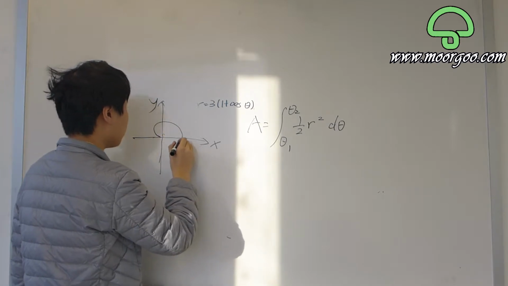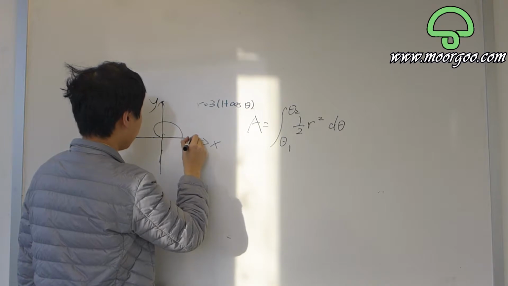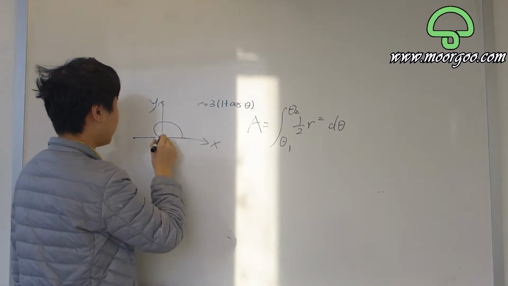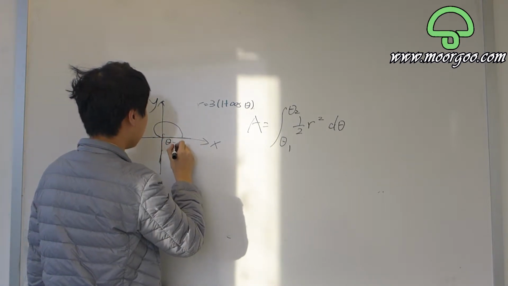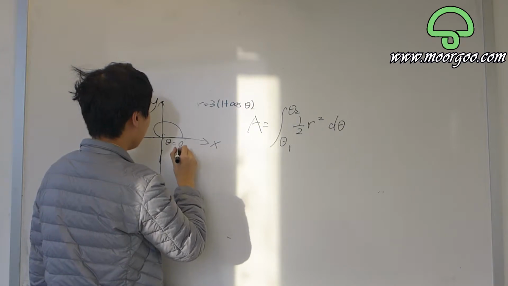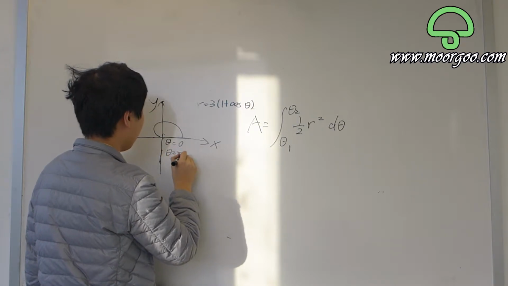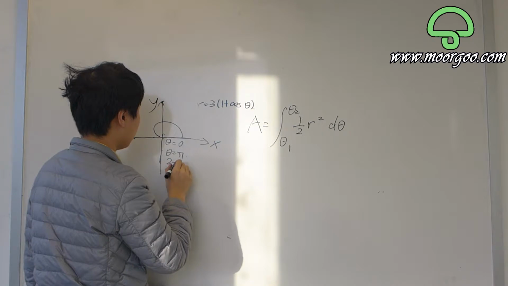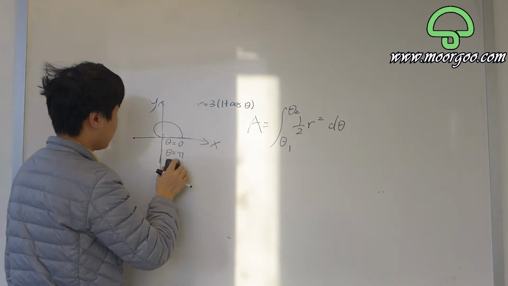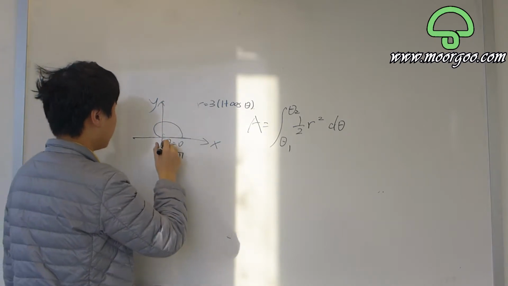For this part, here and here, theta is either 0 or pi or 2 pi, which is equivalent to 0.